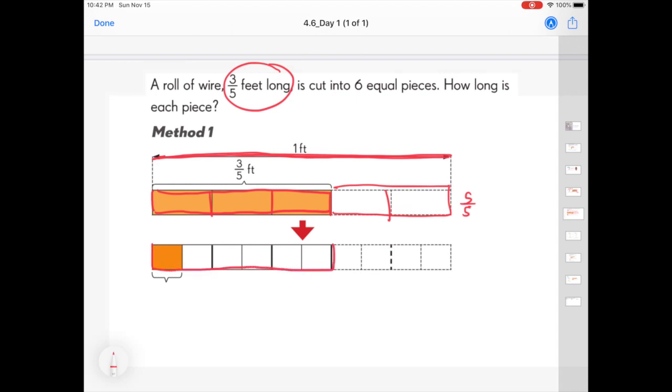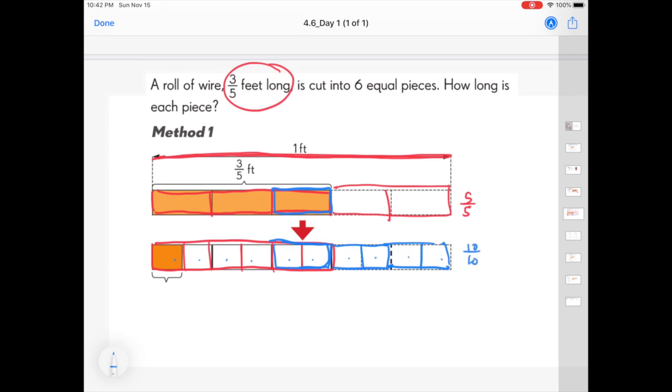So if we look at this, here's our 6 equal pieces. And so each fifth is equal to 2 of those smaller parts. So let's divide our whole then into equal parts. And that gives us, how many in the whole? That would give us 1, 2, 3, 4, 5, 6, 7, 8, 9, 10.